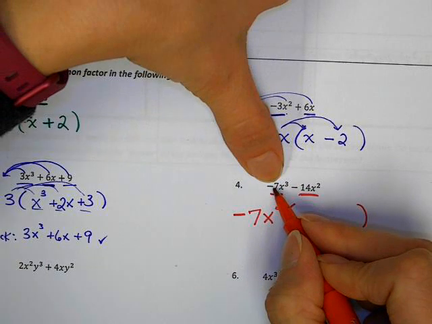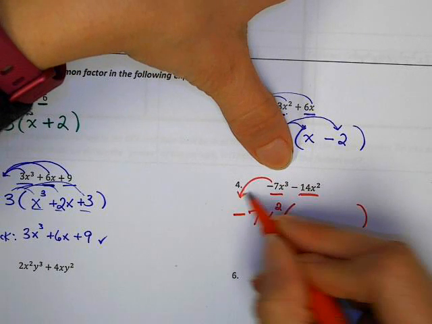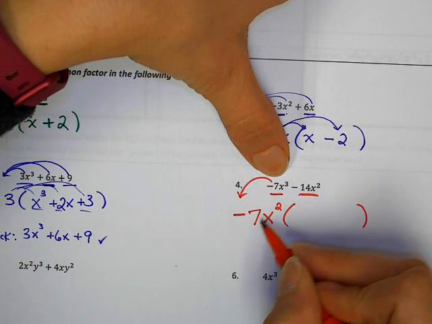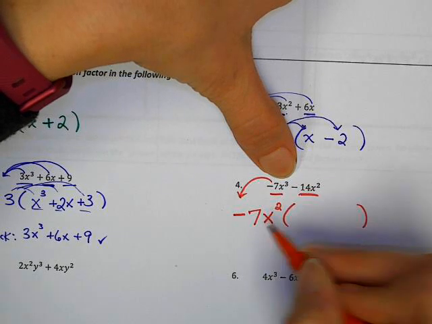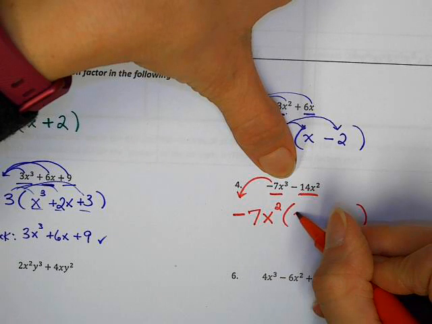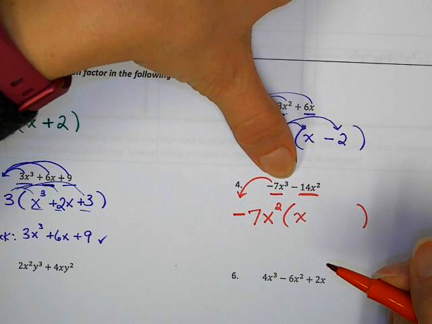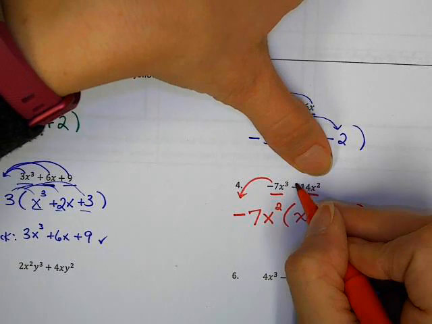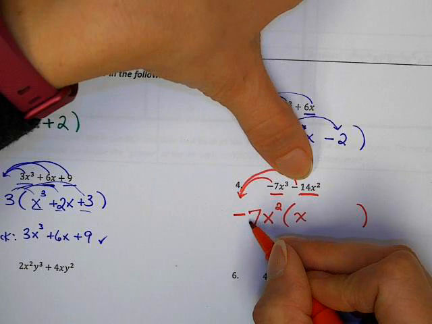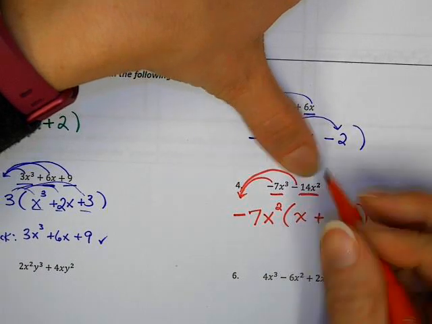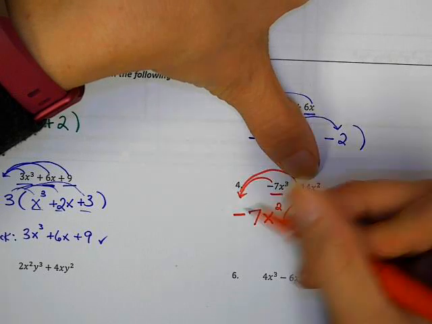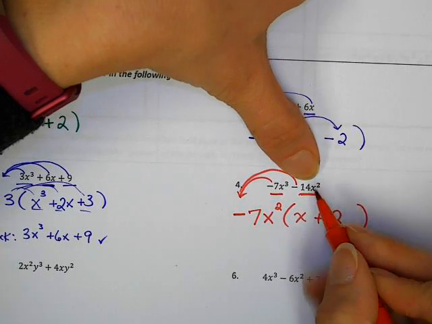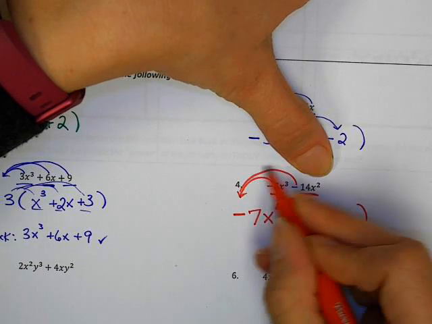So he had a negative. I divided it out. He had a 7. I divided that out. He had 3 x's, but I took 2 of them away, so now all he has is 1x. Negative, but I factored out the negative, so now he's positive. 14, but I divided out a 7, so now he's only a 2. He had 2 x's. I took both of them out.